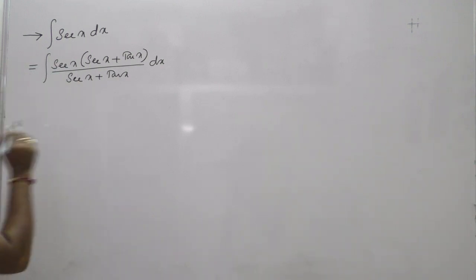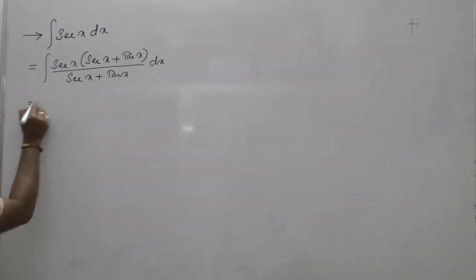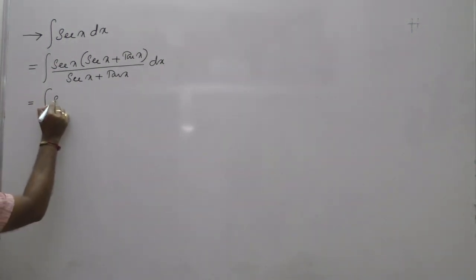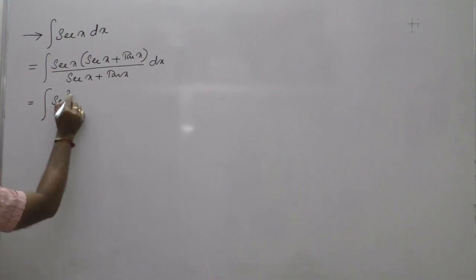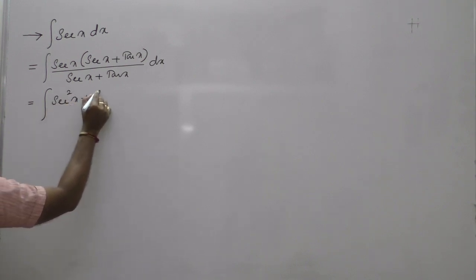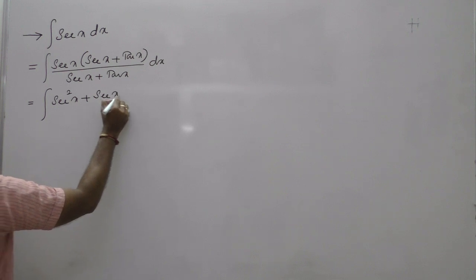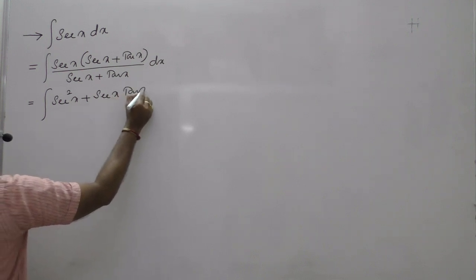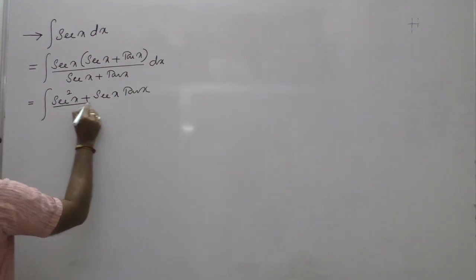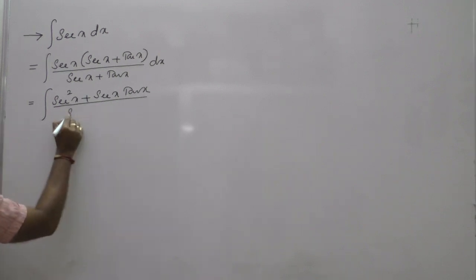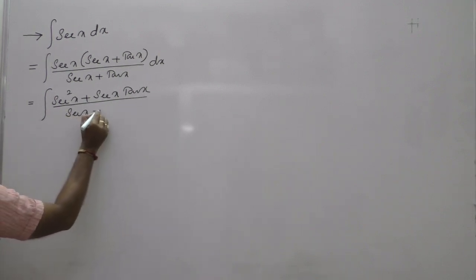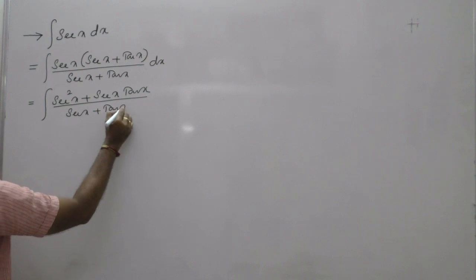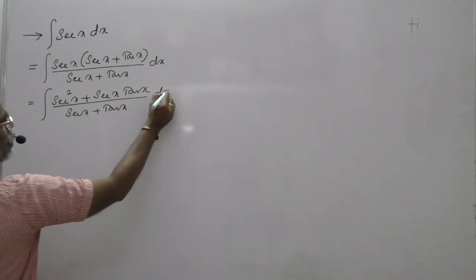Okay, now you please see, the numerator is secant square x plus sec x into tan x, whole divided by sec x plus tan x, into dx.